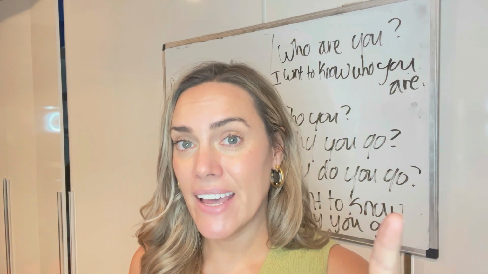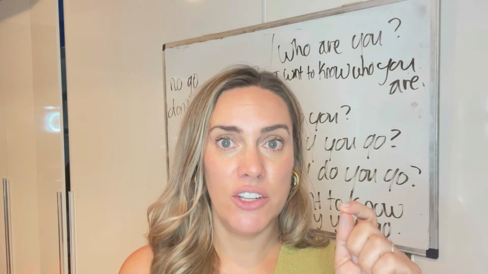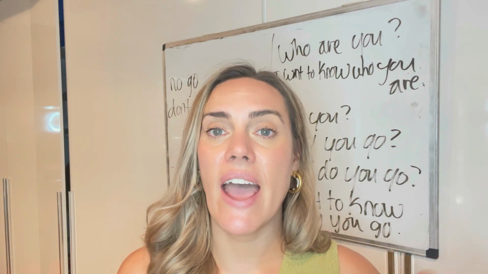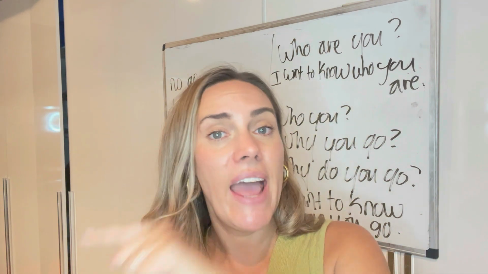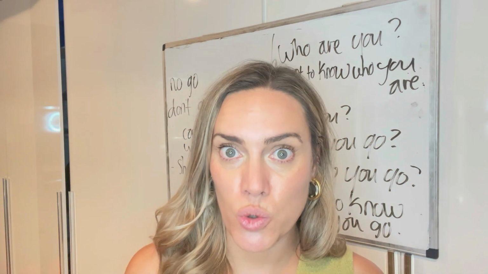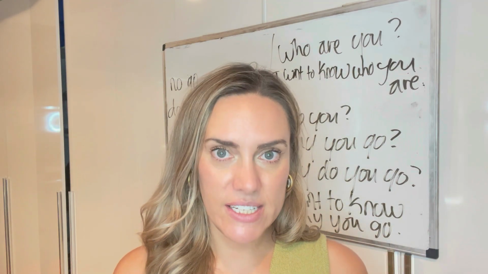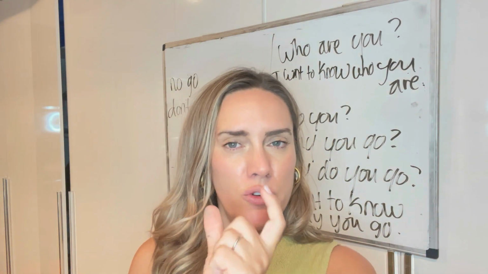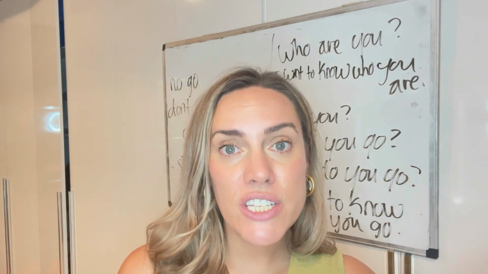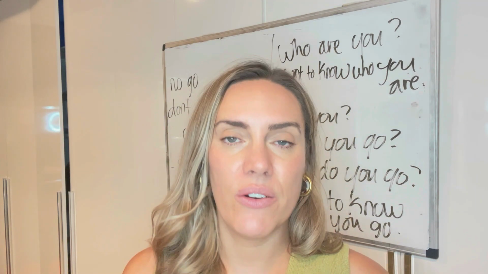And that happens, you produce inaccurate language even after you have learned the rule. So that is an error. You know the rule, you know how to do it, but yet you still produce that error.